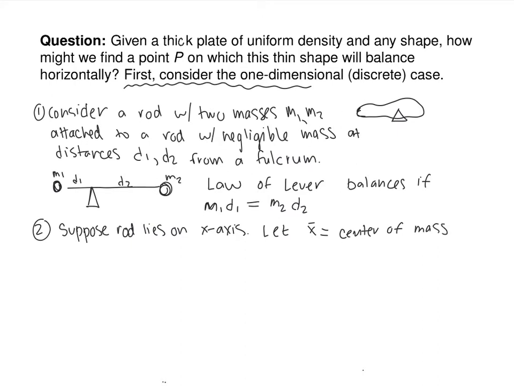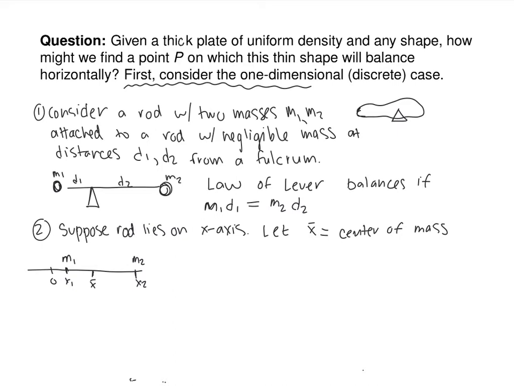Just for simplicity, we're going to assume that those points are bigger than 0, but this would work if they were not as well. So here's 0, here's the point x1, here's the point x2. At x1 we have m1, and at x2 we have m2, and x bar is somewhere in between them. We're not sure exactly where.